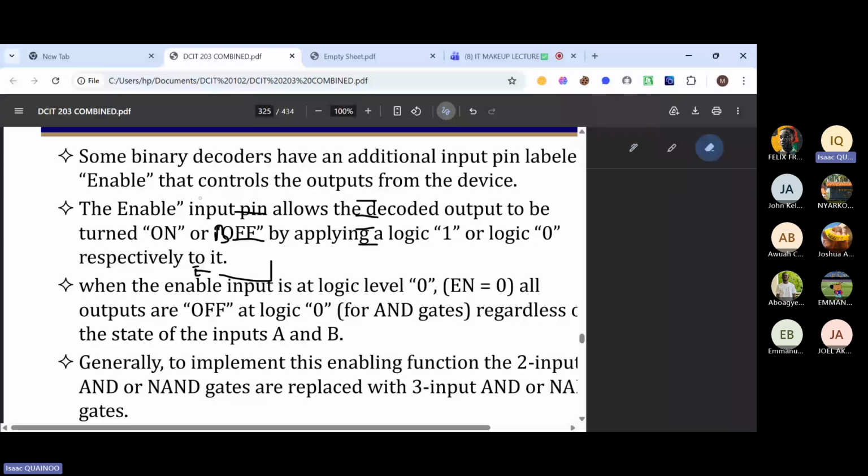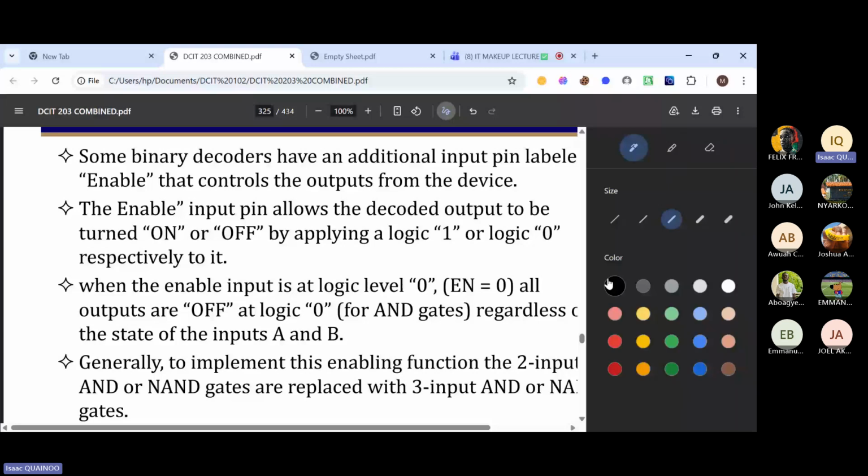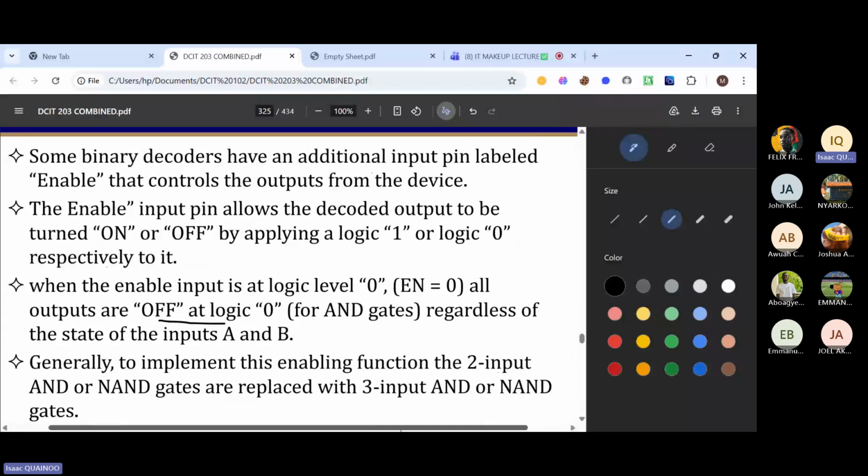So the enable input pin allows the decoded output to be turned on or off by applying a logic 1 or logic 0 respectively to it. When the enable input is at logic 0, which is enable equal to 0, all outputs are off. Please, let's take note of this. All outputs are off, for AND gates, regardless of the states of the inputs.